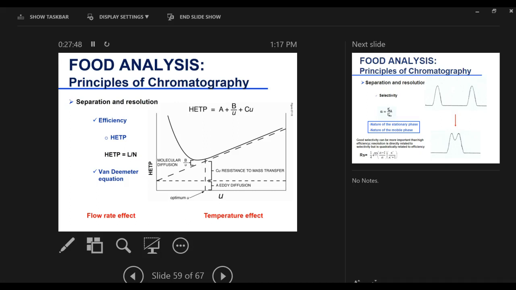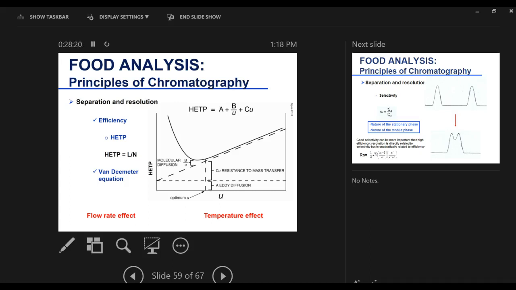The more it diffuses downwards versus going in and out, the higher the longitudinal diffusion. You can see that this factor is impacted by flow rate. The mu here is the flow rate. The slower the flow rate, the more longitudinal diffusion you have.